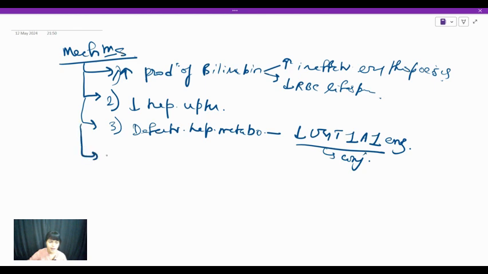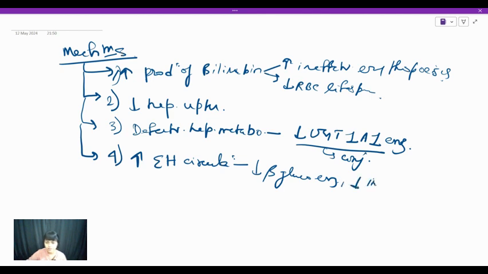And the fourth mechanism is increased enterohepatic circulation. How can this happen? Due to reduced beta glucuronidase enzyme, or due to less number of intestinal gut flora. So these are the physiological mechanisms of developing neonatal jaundice.